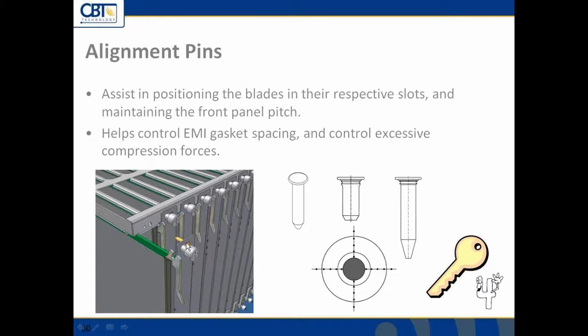So having an alignment pin to keep each one of those front panels locked in their spot and keep that gap between the front panels more as a set distance will certainly be effective when you come to shielding. We recommend alignment pins for these kinds of applications.